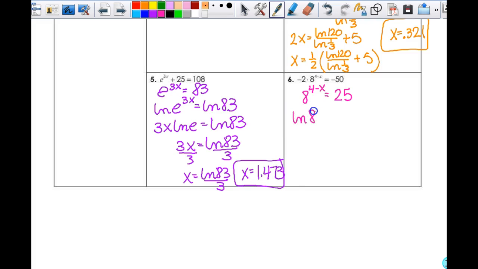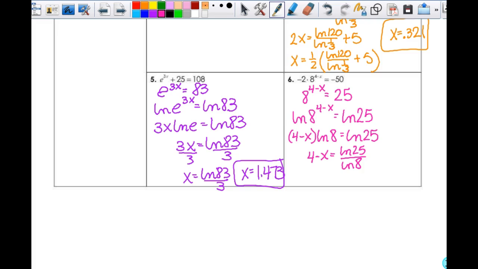So the natural log of 8 to the 4 minus x equals the natural log of 25. So when the 4 minus x comes out front, what do I have to make sure I do? Parentheses. So 4 minus x times the natural log of 8 equals the natural log of 25. So what do I do now? Divide. Good. So I'm going to divide, and I'll get 4 minus x equals the natural log of 25 over the natural log of 8.